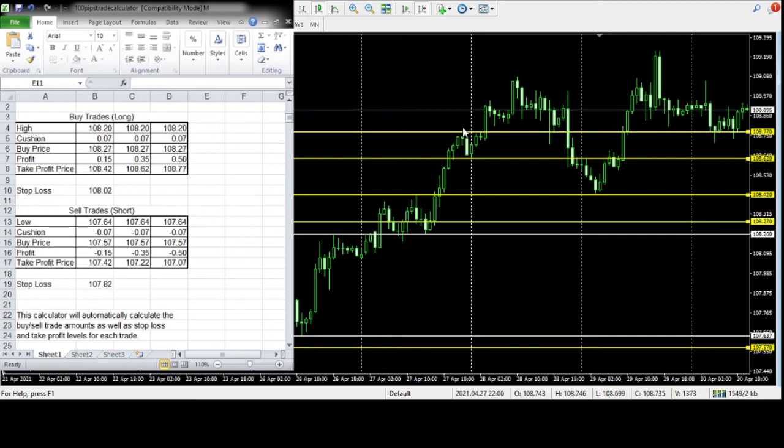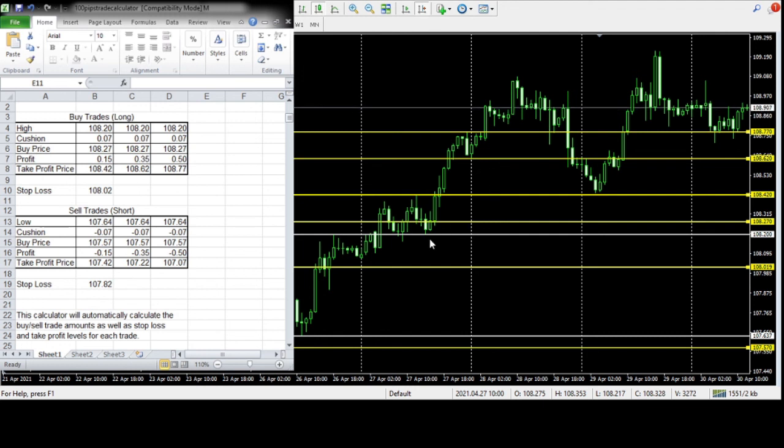And for buy, your stop loss is going to be here. This is the stop loss, 108.02. So your stop loss is here, right?